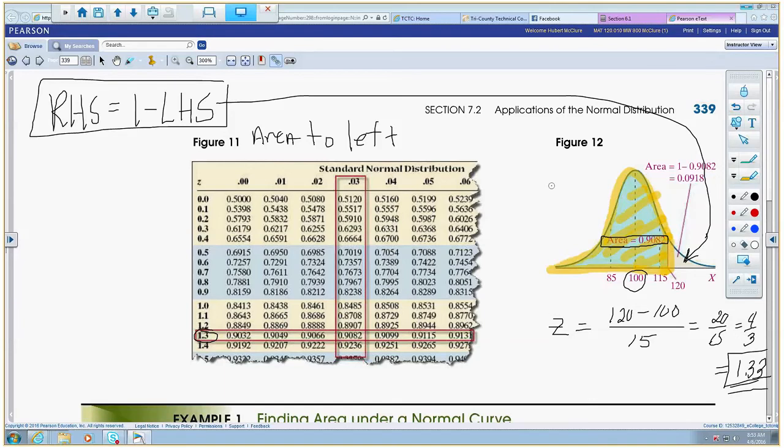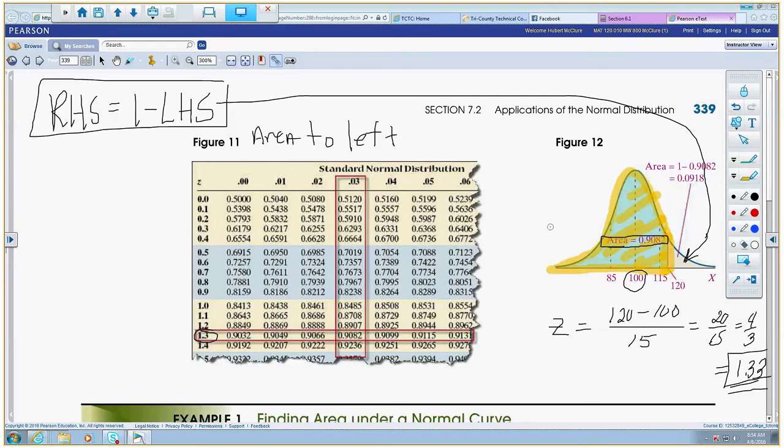And that's how you do the area under a curve. It's real simple. That's all there is to it. Who's got a question? We'll do another one. Anybody got a question on this one? Now, you can also find it using the calculator.